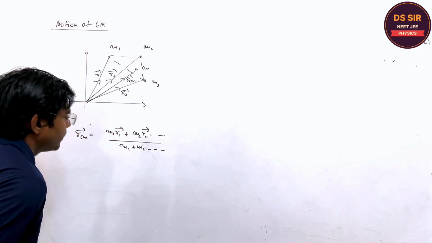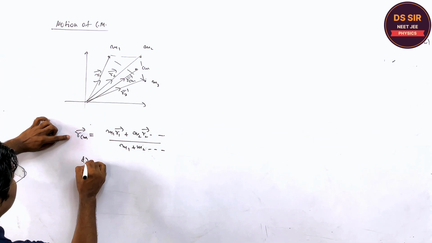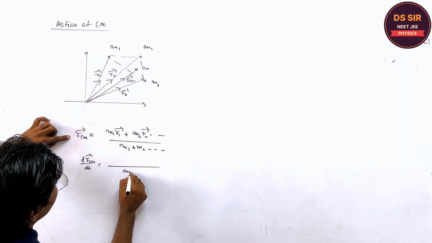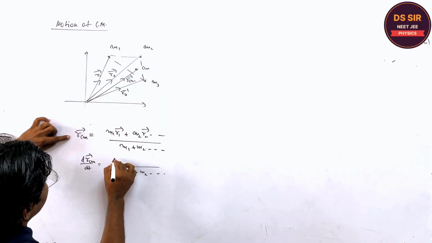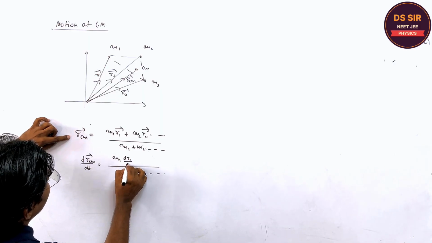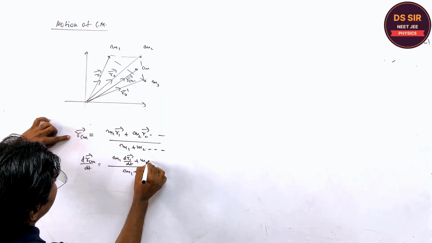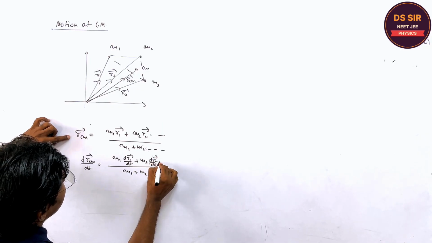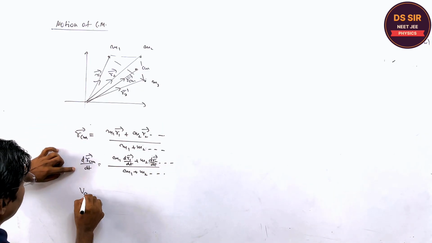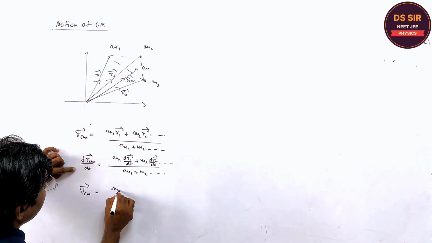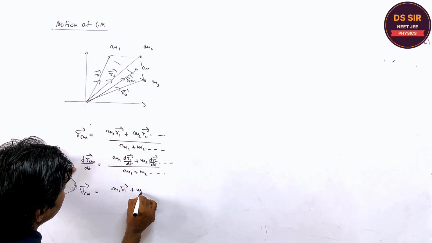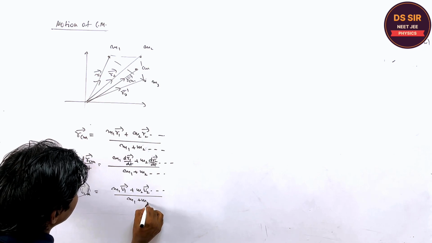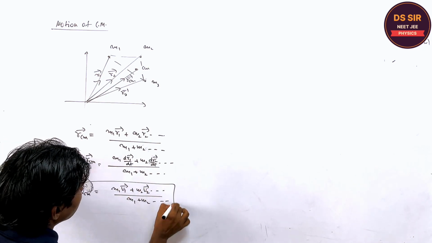Now if we differentiate with respect to time t, dR_CM/dt = (m1 dr1/dt + m2 dr2/dt)/(m1 + m2). So this is the velocity of the center of mass, (m1 v1 + m2 v2)/(m1 + m2), and so on. Is it clear or not?